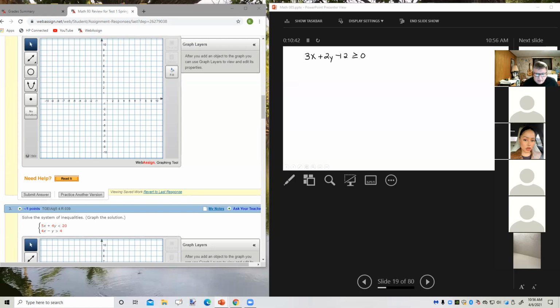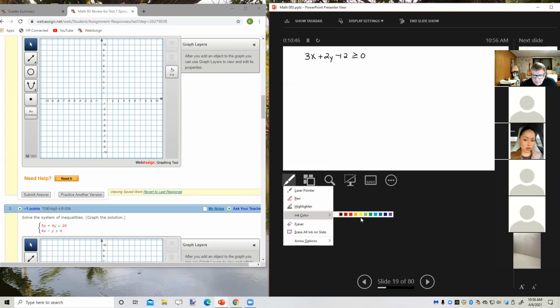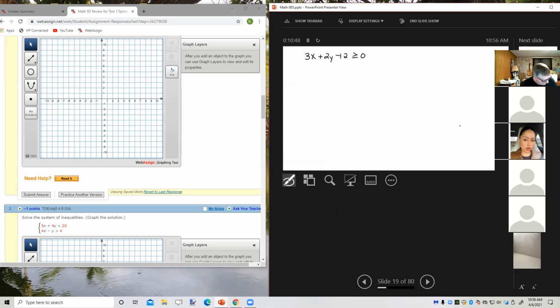Okay. And then our red inequality is x less than -2 plus y. Okay. And back to the black here.